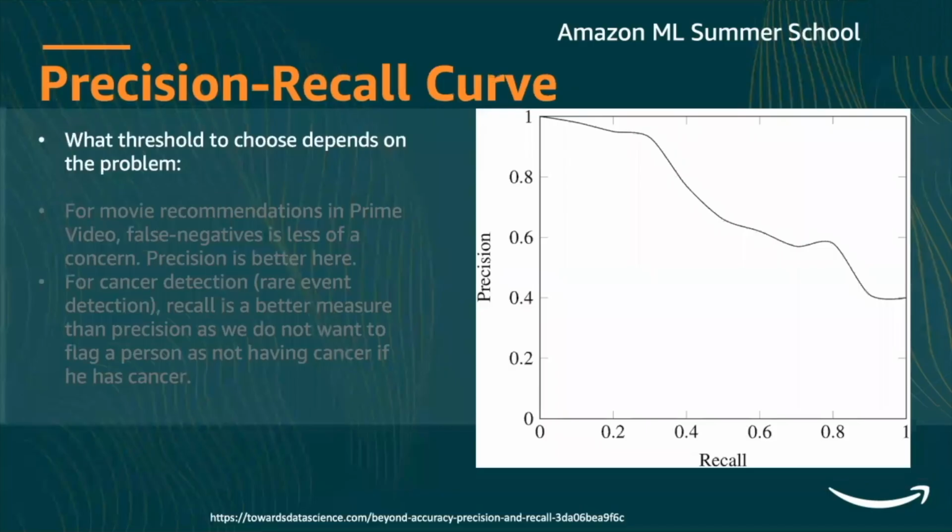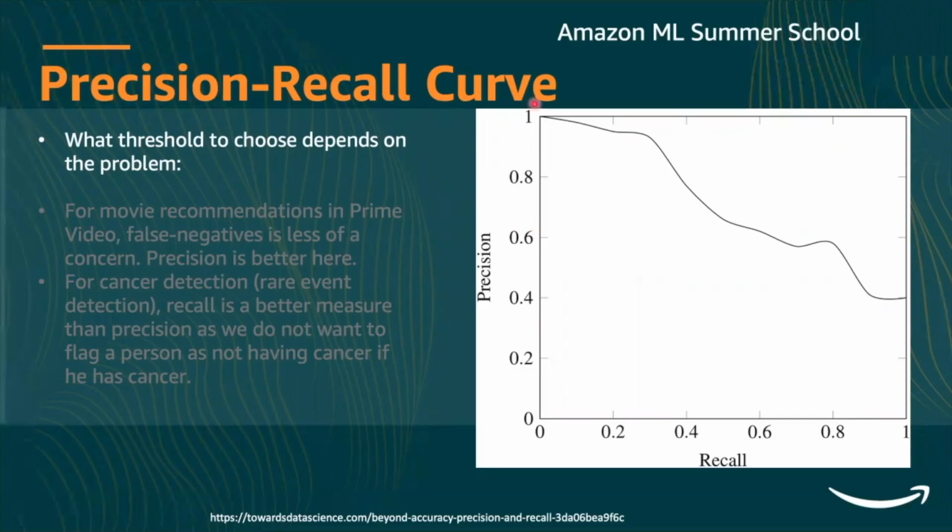Now, when deploying a model in real life, as I said, you have to take into account various metrics, various thresholds. So a good practice is to plot a precision recall curve. And as I said, how do you decide the threshold? The threshold depends on the problem at hand. So let's take an example.